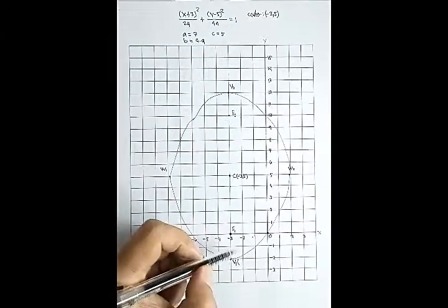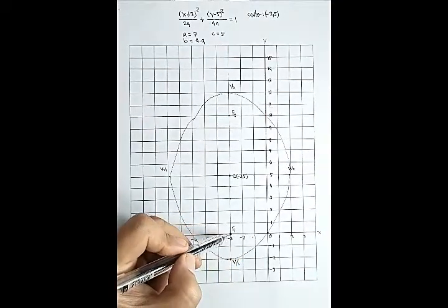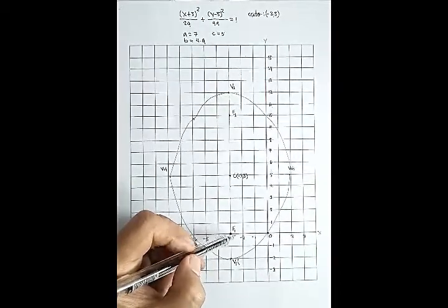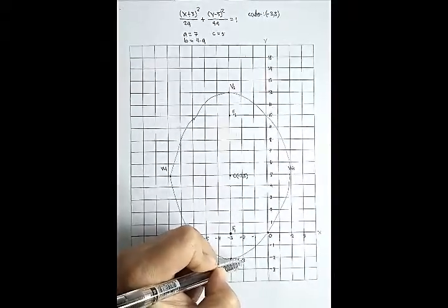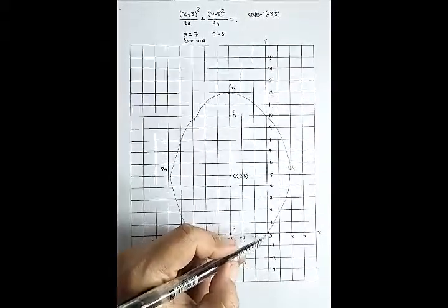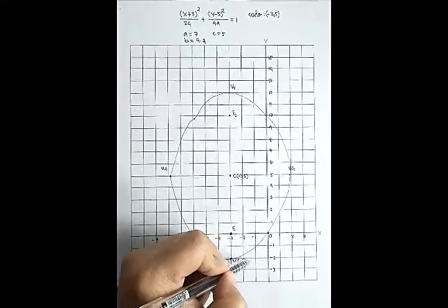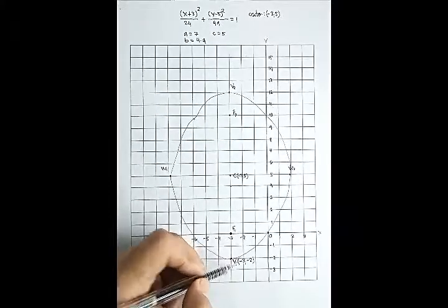So katong V1 is -3 along the x-axis. And then how about along the y-axis? -2. So atong V1 is at -3, -2.